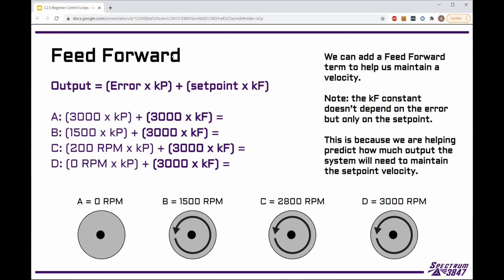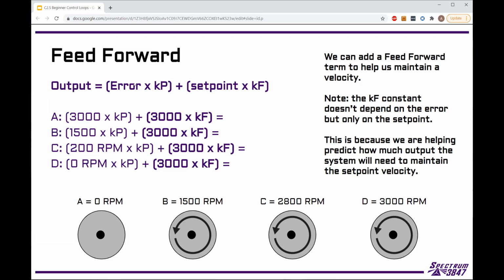So at the very beginning of today's presentation, we talked about feedback. Feed forward is not quite the opposite. It's just a thing that we add into our feedback system that allows us to sort of predict a little bit more about how we want the output to behave.